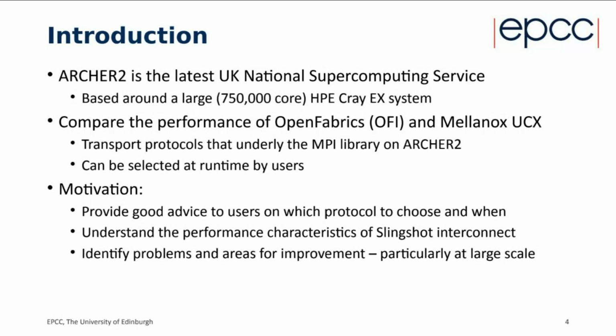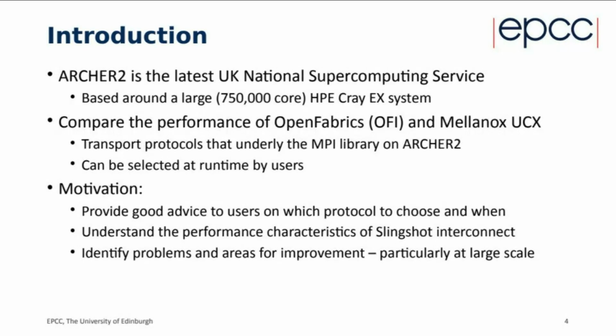What we wanted to do was, first of all, have a look at whether there was any performance difference between the two different transport protocols, and hopefully, using that information, provide some good advice to users on which protocol to choose and when.